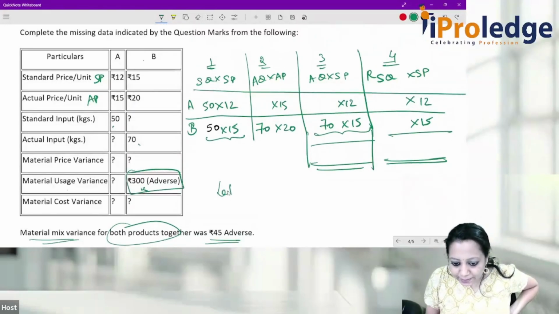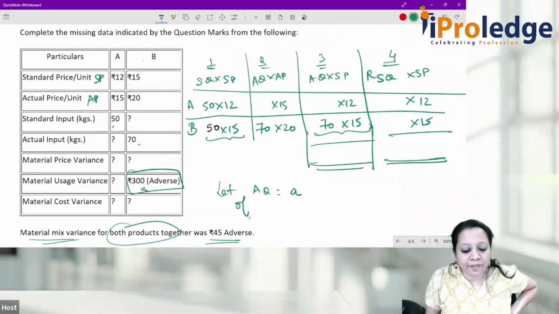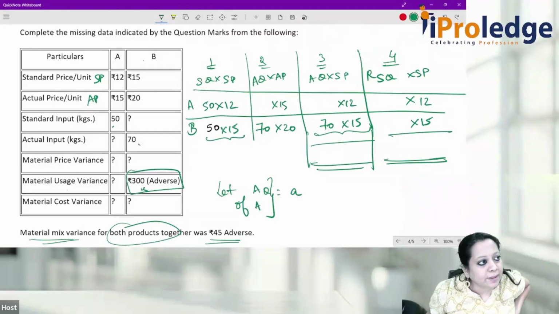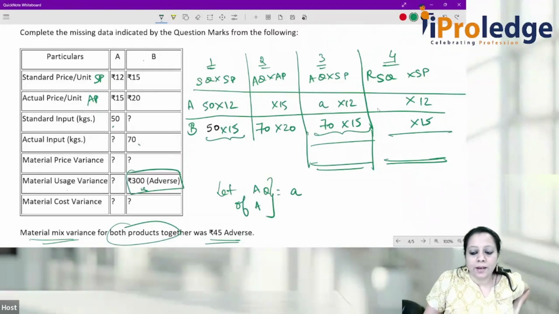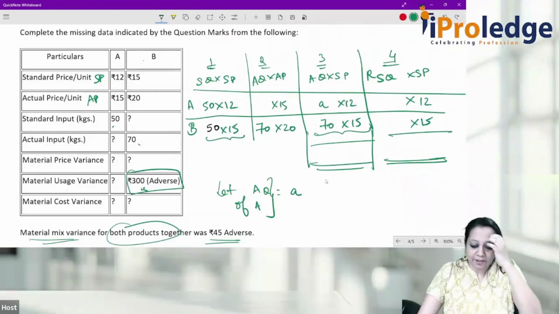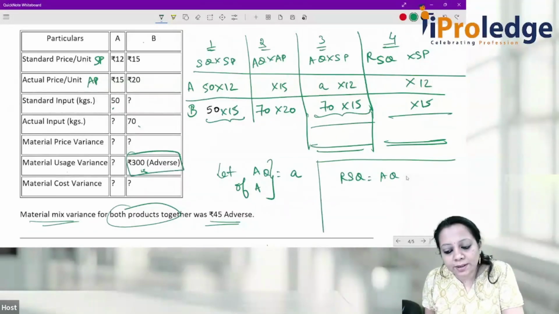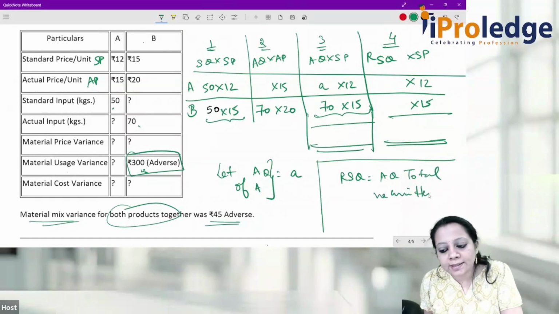So let AQ of A equal to A. Understood everyone? Yes, ma'am. Now I will put A here. Now, my dears, everyone, please pay attention. RSQ, what is it? Actual quantity total rewritten in standard proportion.